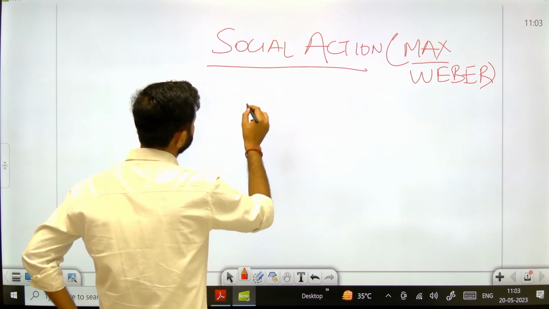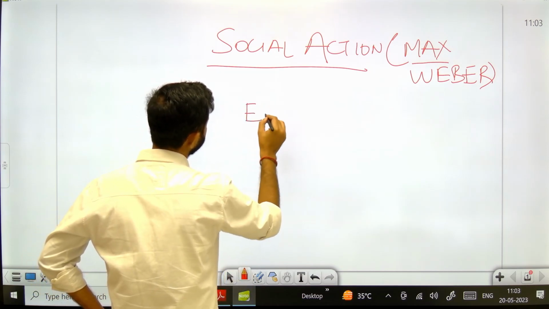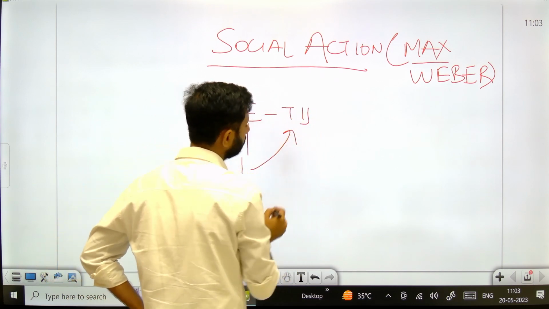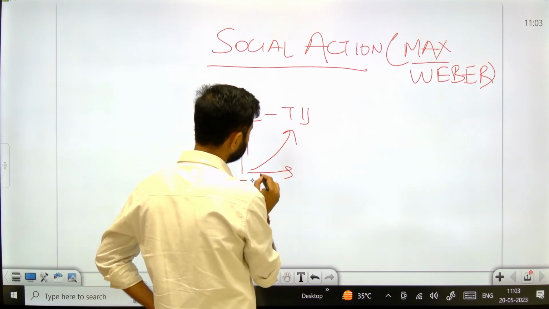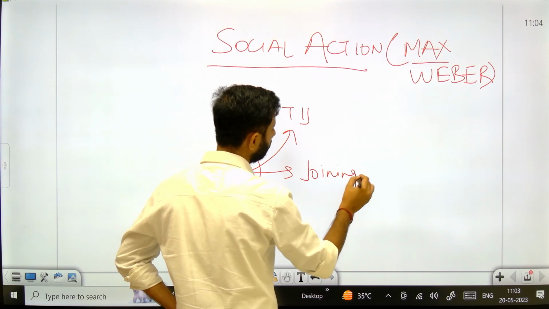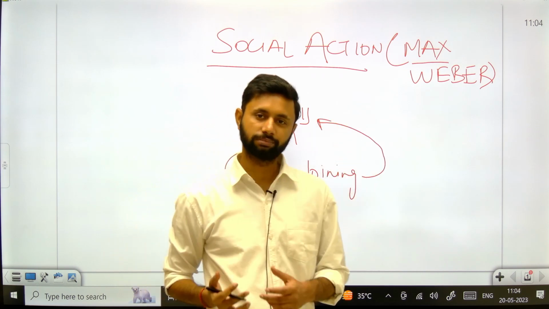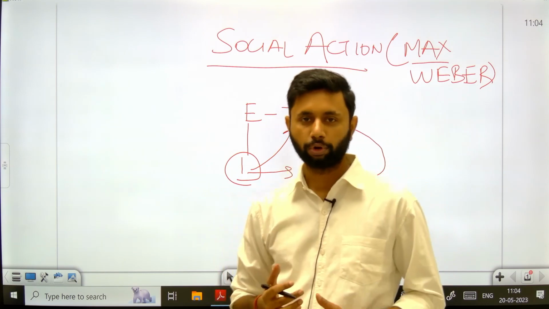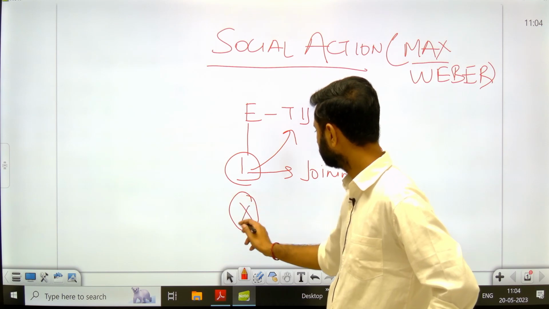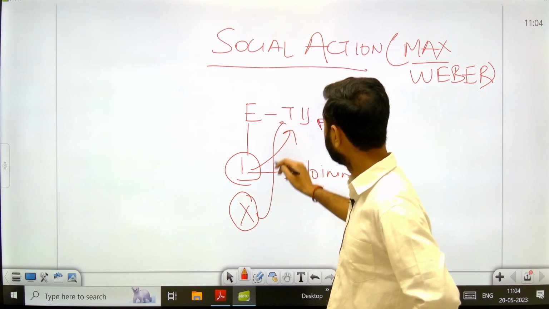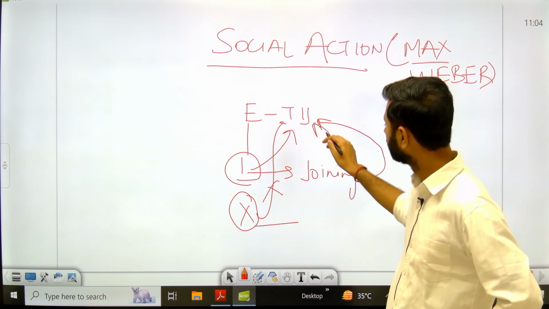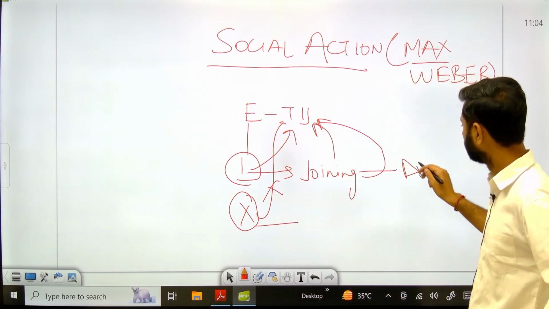Suppose the employees have started a trade union, or one employee has joined a trade union. It is because this employee thinks that joining the trade union will benefit him in terms of wages, working conditions, and a proper life. Similarly, there is another individual who doesn't want to join the trade union because he thinks that joining it will be disruptive to his career.